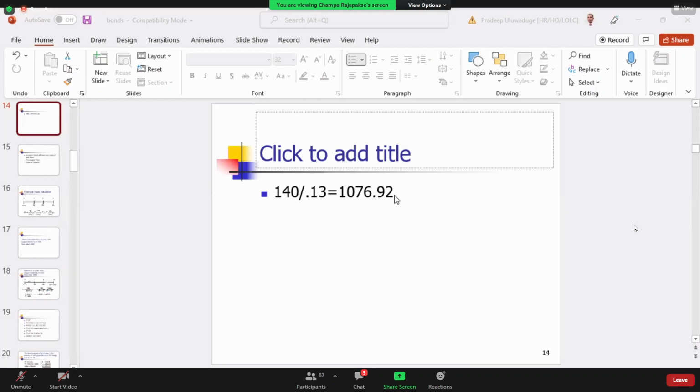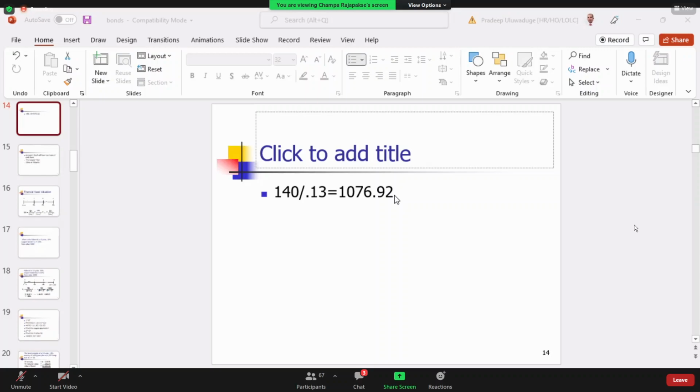So if you want to buy that bond, you should not agree to pay more than this amount. Like in the earlier example, if it is being offered at 1,000 rupees, you better buy it because it really is worth 1,076. In the market, due to market discrepancies, the real value is not decided in the market, so the price is lower. So it's a benefit, a good buy.